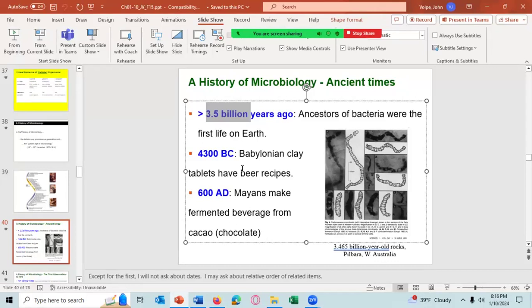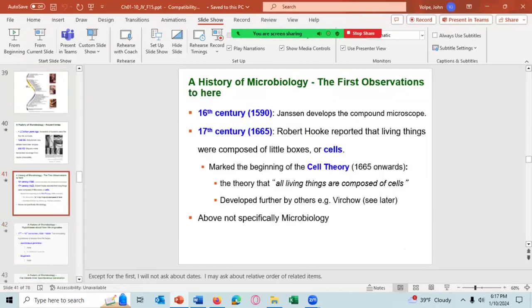They just didn't realize they were using the microbes. And before that, you have the fossil record of the first life on Earth. So you need to know the relative order of things, but you do not need to know any of the dates except for 3.5 billion years ago as the first record of a living organism. Any question about any of that?